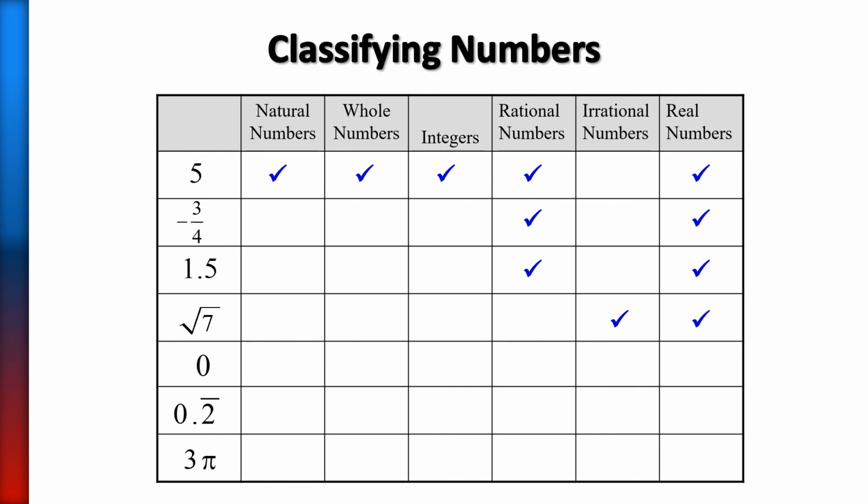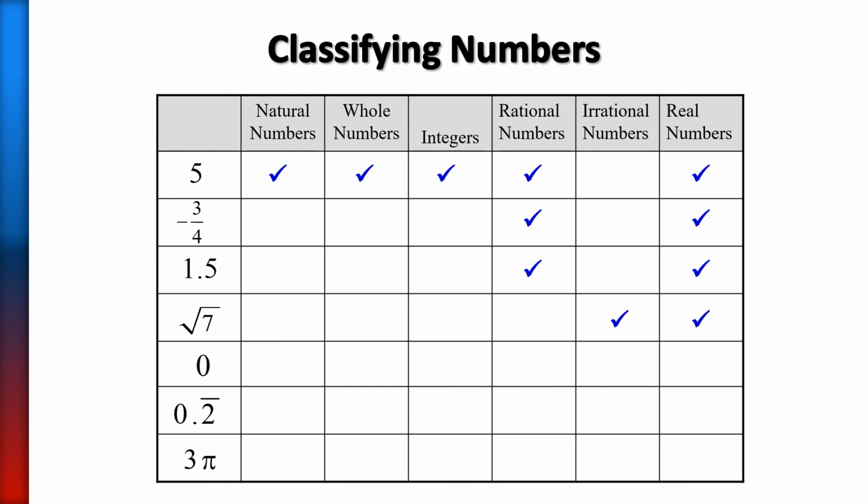Now you think, okay, well, we can write this as a fraction as the square root of 7 over 1. When we talk about writing it as a rational number, we don't mean one that includes an irrational. If it's irrational, remember it can't be rational.